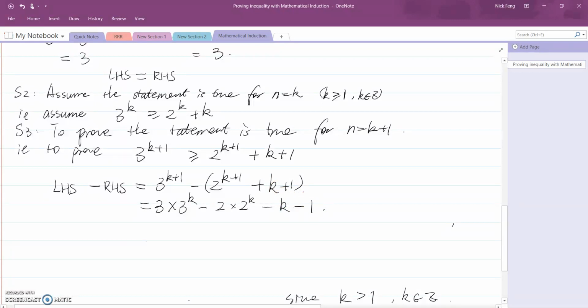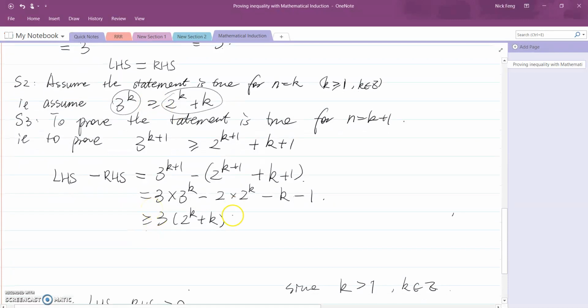So now the assumption says 3 to the power of k is greater than this. So therefore, I'm going to replace 3 to the power of k again by 2 to the power of k plus k. But remember, since it's greater than or equal to, you need to change this to greater than or equal to, not equal. And then minus 2 times 2 to the power of k minus k minus 1.